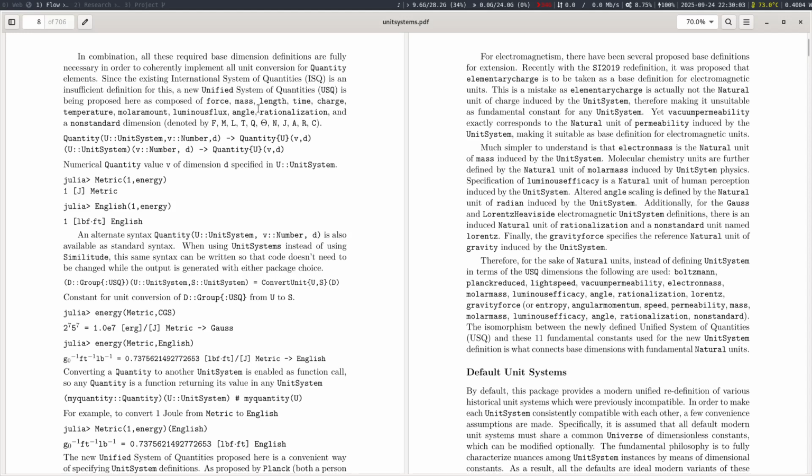Since the existing international system of quantities is an insufficient definition for this, a new unified system of quantities is being proposed here, as composed of force, mass, length, time, charge, temperature, molar amount, luminous flux, angle, rationalization, and a non-standard dimension denoted by C. All of these are denoted by FMLT, Q, theta, N, J, A, R, and C. So this is the unified system of quantities. These are 11 dimensions, while the international system of quantities dealt with fewer.